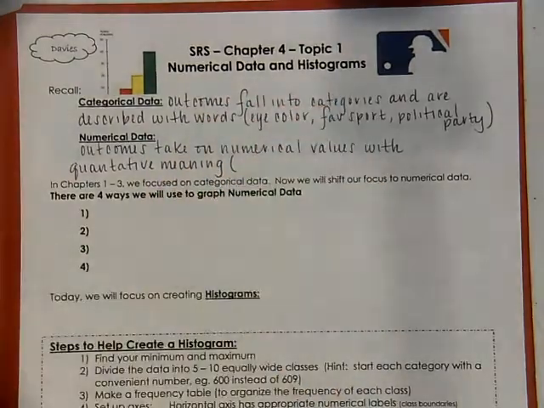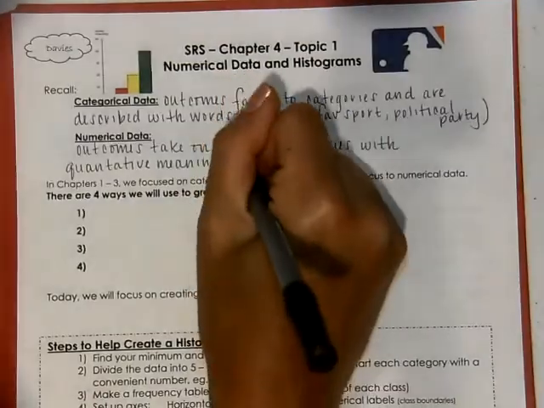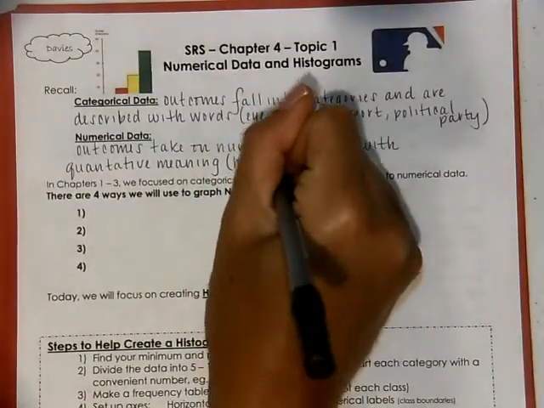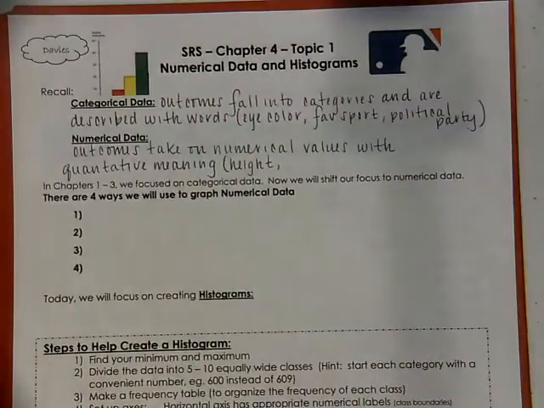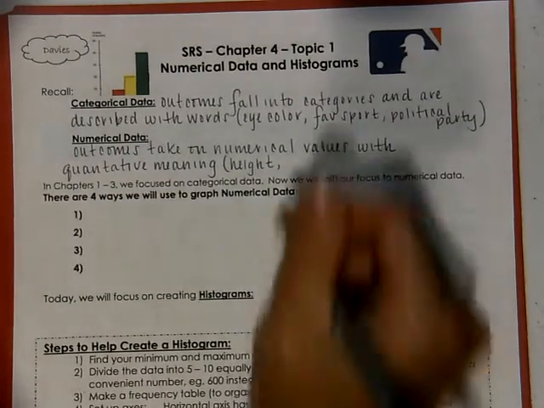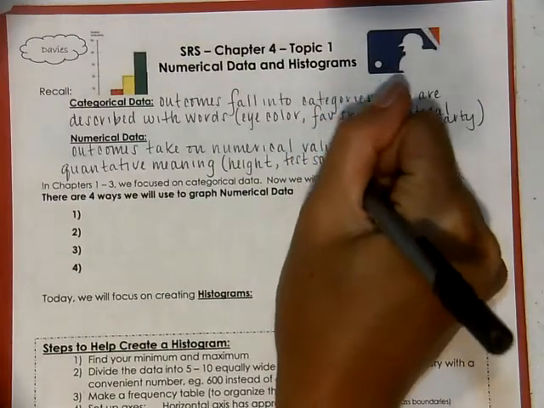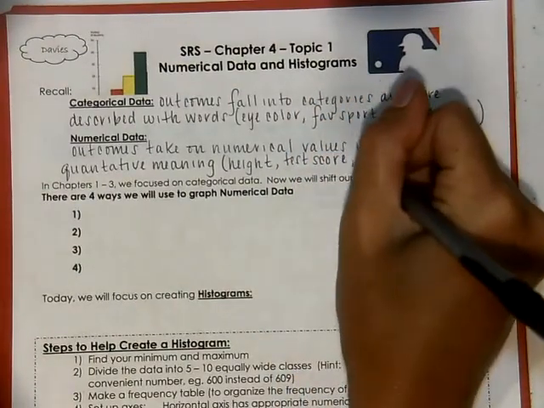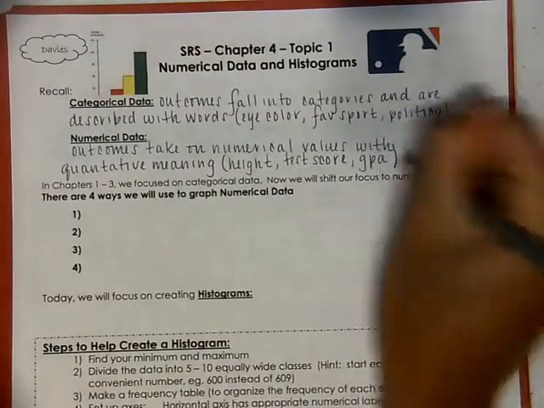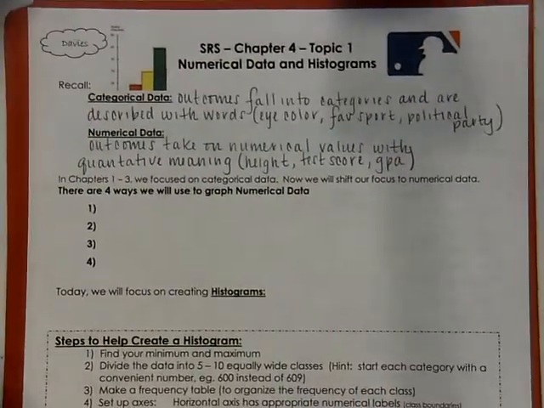So what do I mean by that? One example could be height. If I asked for all of your heights in inches, the higher the number you give me, the taller you are. Another one could be your test score from last chapter. The higher the number, the better you did. Your GPA. Okay? The numbers have quantitative meaning.